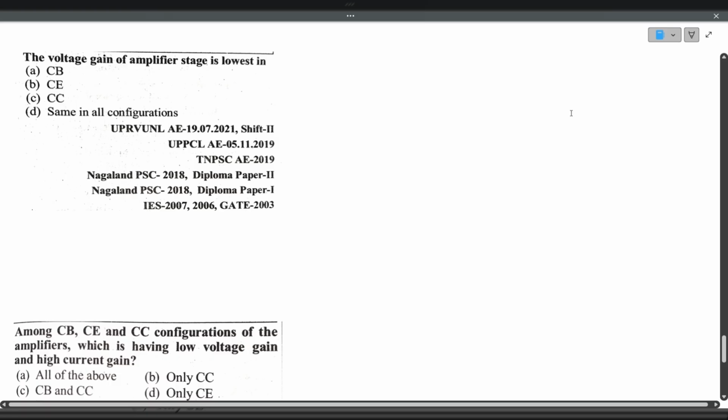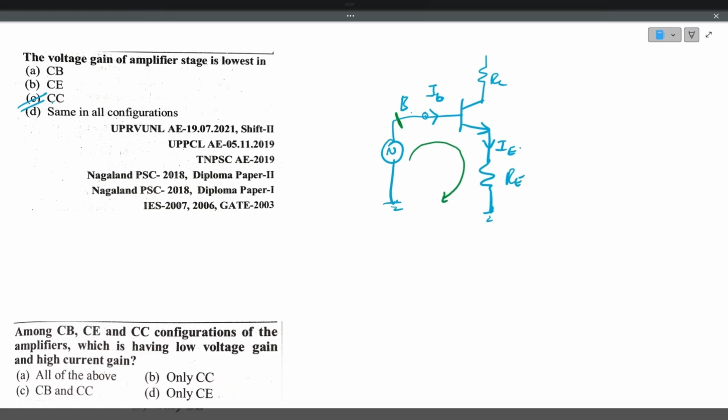The voltage gain of the amplifier stage is lowest in common collector. Why is it unity? See, this is emitter, this is resistance RE, this is collector RC, this is base. This is the input current, base current, this is the output current, that is emitter current. Here the voltage will be applied. If you apply Kirchhoff voltage law in this loop, whatever the base voltage VB is there, the same comes and drops at the VE at the emitter.